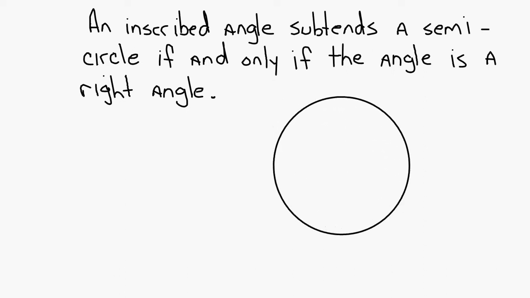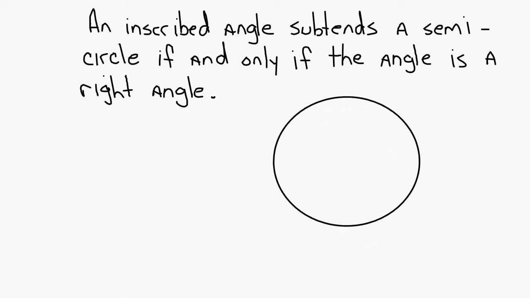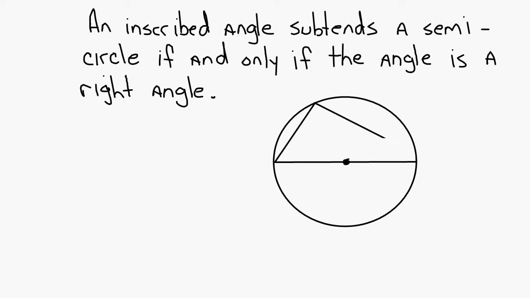So that drawing looks like if you've got a circle and this diameter cuts the circle in half. So if an inscribed angle intercepts a semicircle, the end points of this inscribed angle are on the diameter.